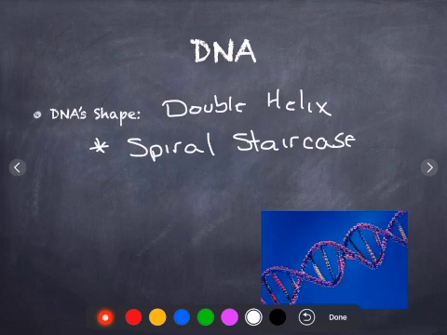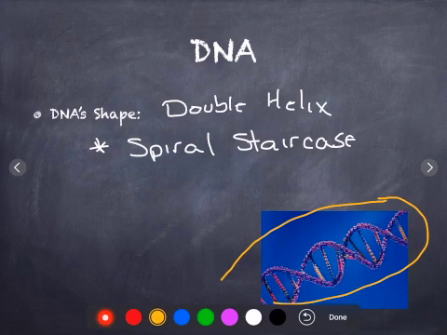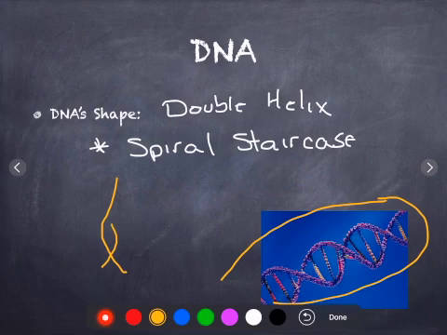Now, this double helix structure was obviously first discovered by Watson and Crick, but Franklin was the one who photographed it first. So again, you're looking here, as we can see, spiral staircase, it twists and turns as it goes up. You know, kind of looks something like this. So those chains are kind of turning as it twists up, okay? So that's kind of what we're looking at here as this spiral staircase of DNA made of nucleotides.